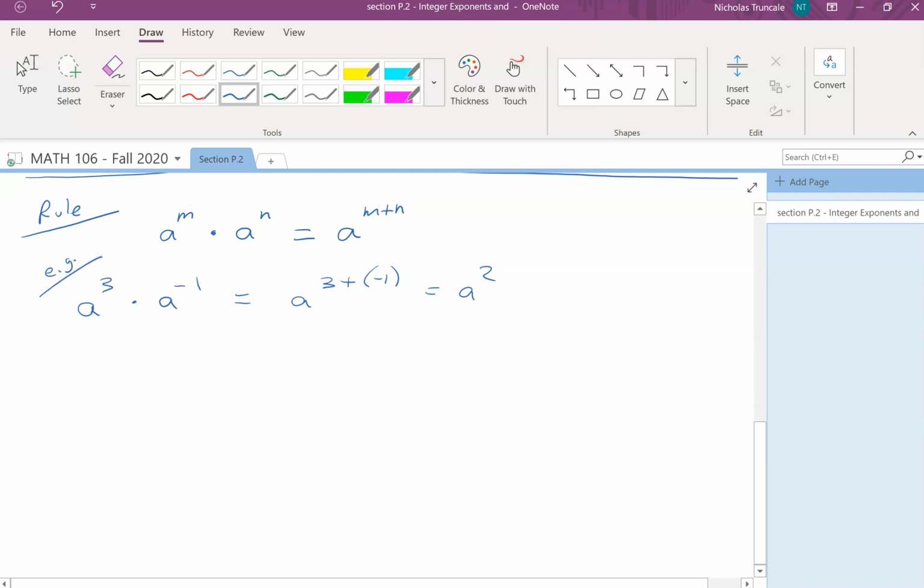Here's another one. Now we're going to start involving some numbers, some integers, with some of these variables. How about this one? 3x squared times x to the 5th. What do you do with the 3 there?